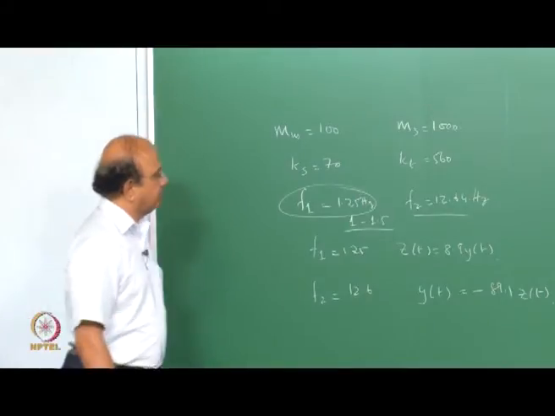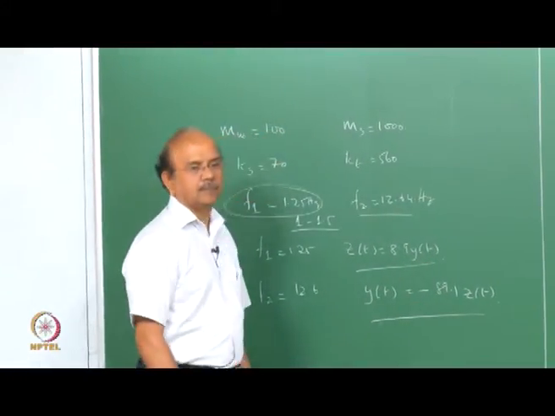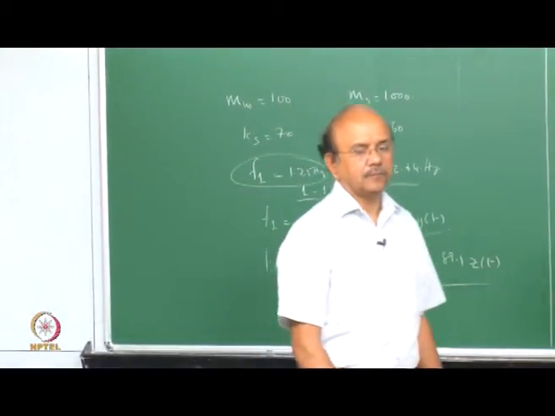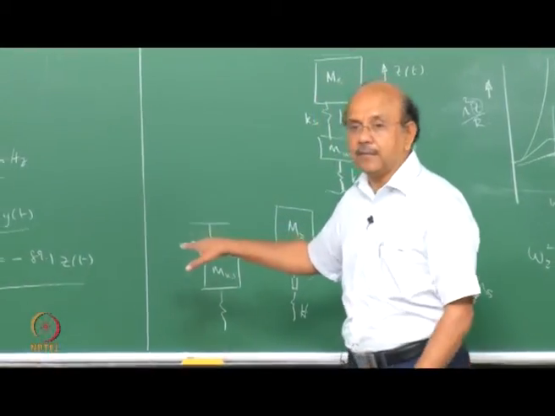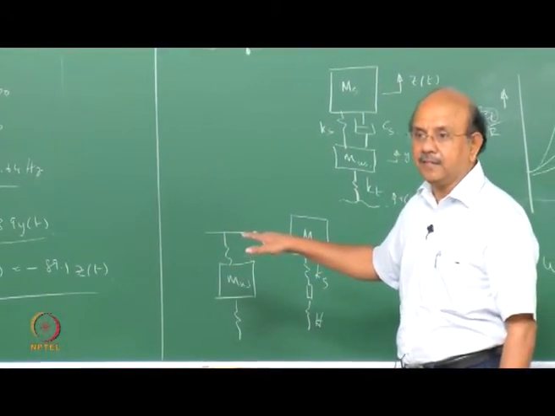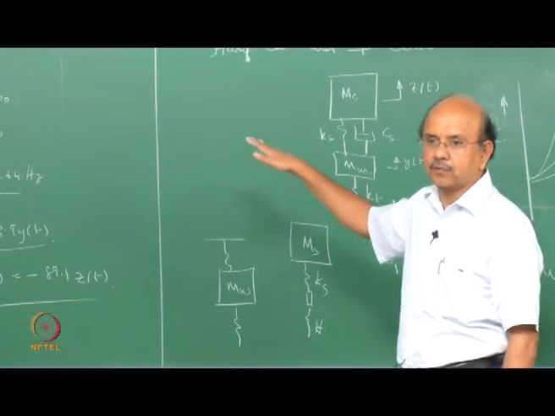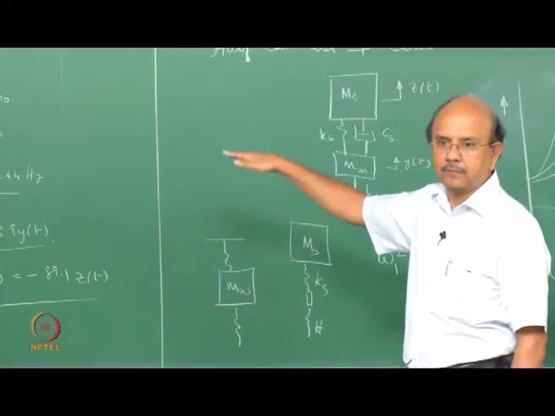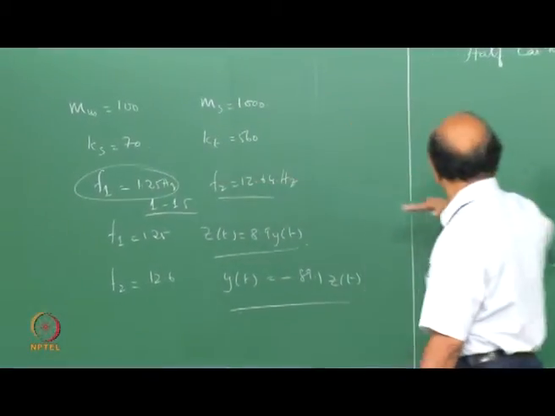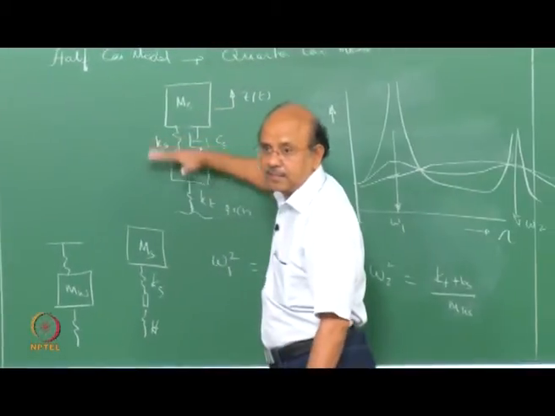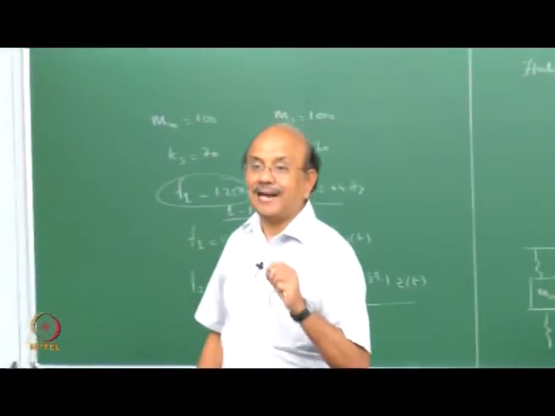Okay. So look at that result. Yt for the second case, look at that, 89 or 90 times Zt, which means that the Z is almost negligible displacement, and hence, in other words, you can assume as if this is stationary and this guy is jumping. But this is for an undamped system.